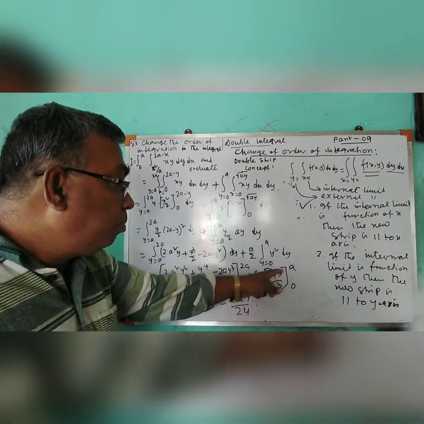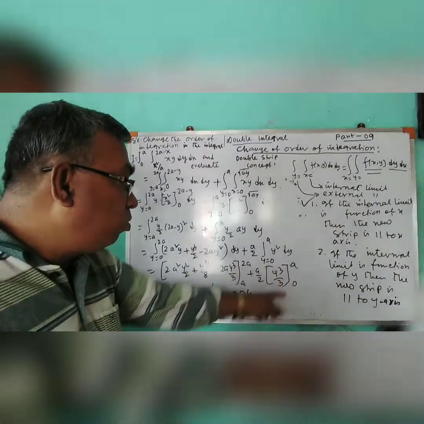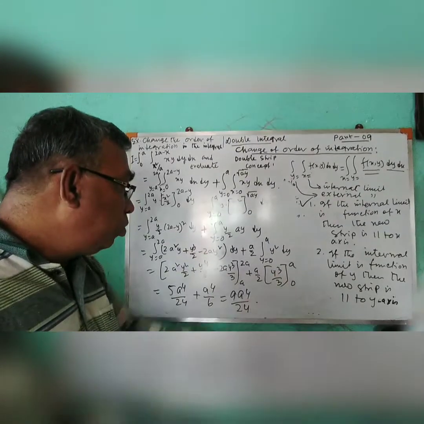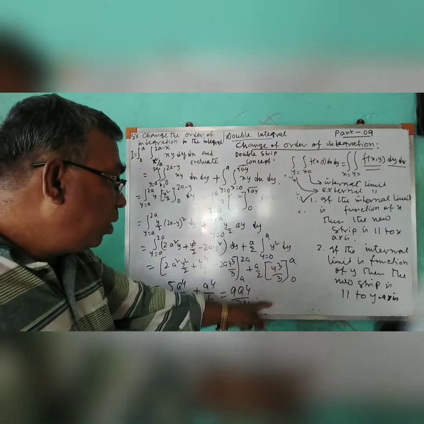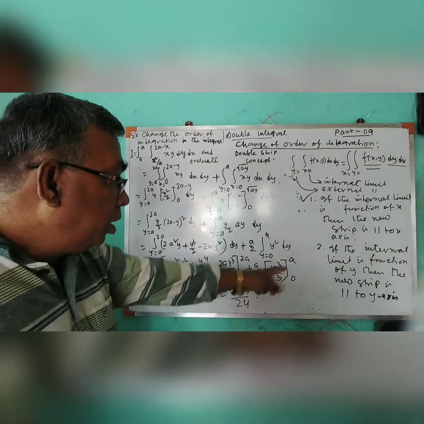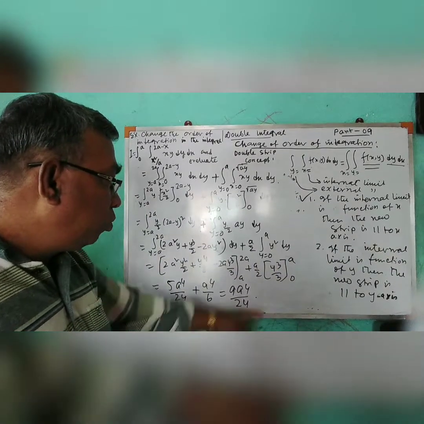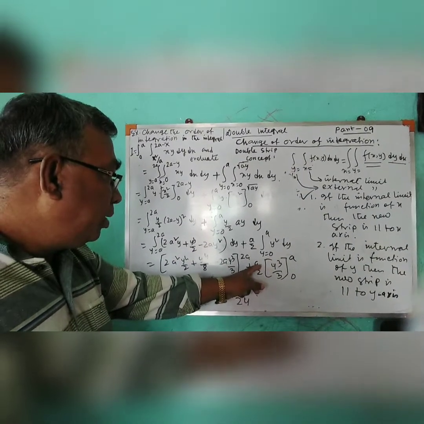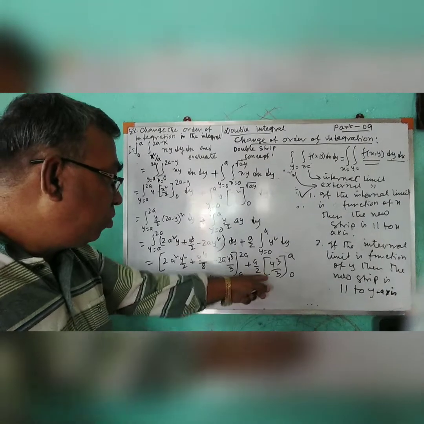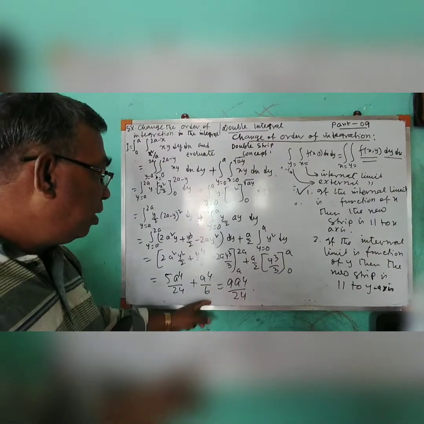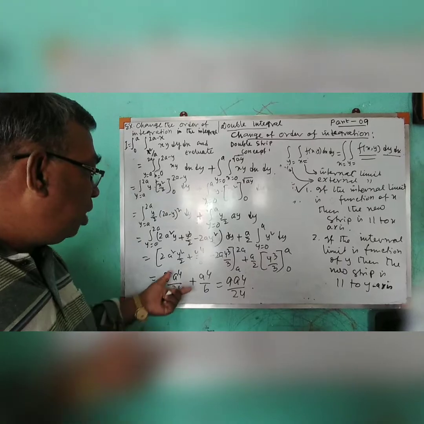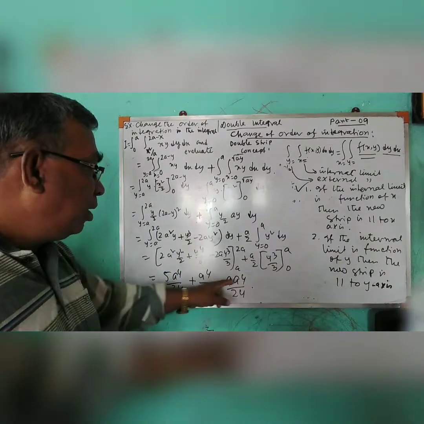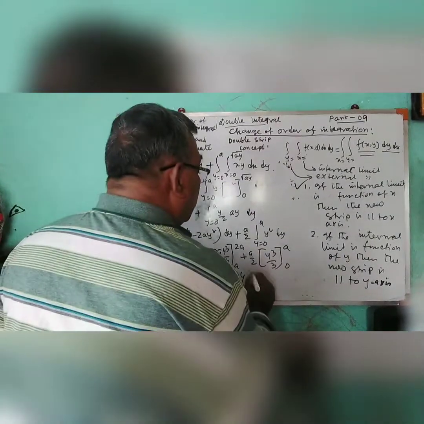That is upper limit minus lower limit is 0. So it will be a cube by 3. So now a cube into a, that is a to the power 4 by 6, 3 2s are 6. Now here upper limit minus lower limit, if we put, then you will get this. So this will be the answer of this sum.